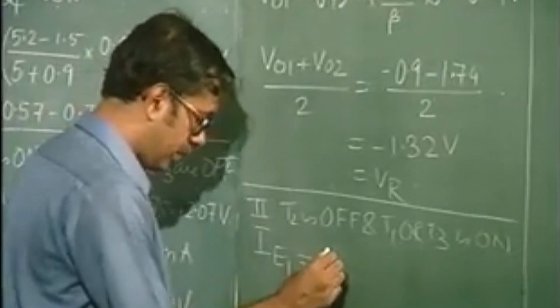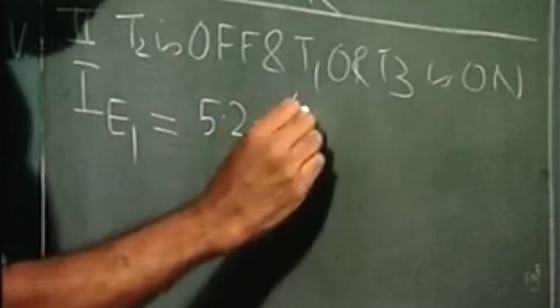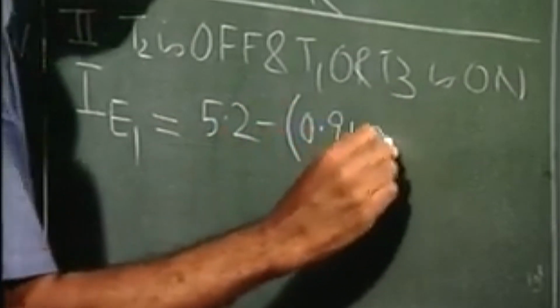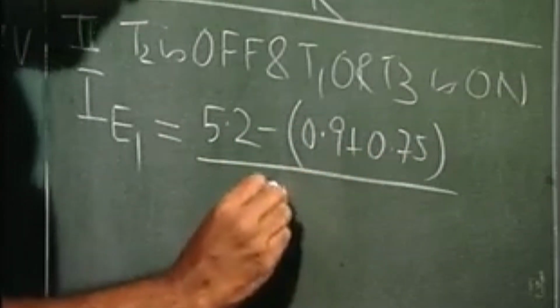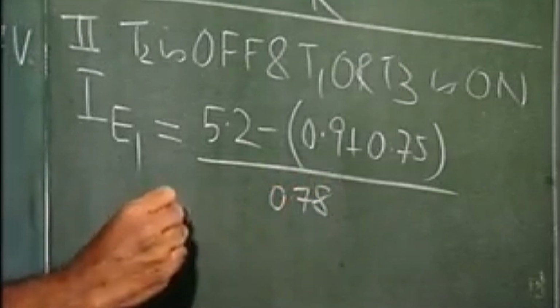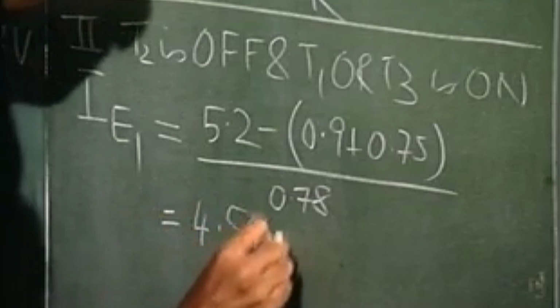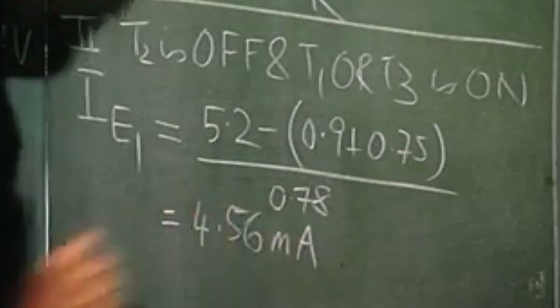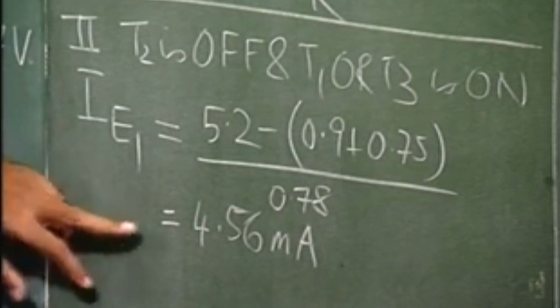So, you have 5.2 minus 0.9 minus 0.75 divided by 0.78 kilo ohms. So, this comes in milliamperes to 4.56 milliamperes. So, that is the current which is flowing.